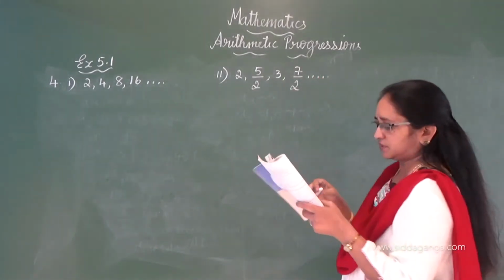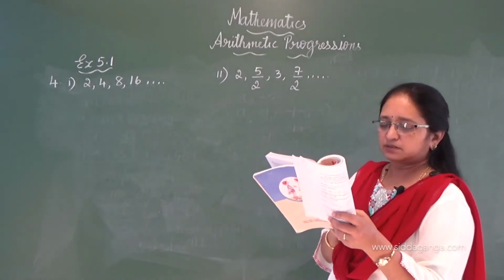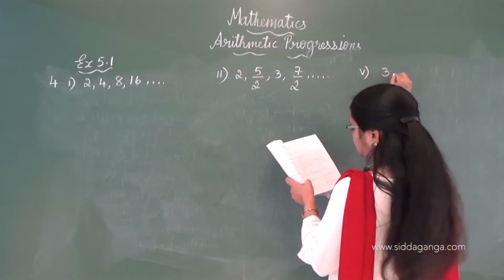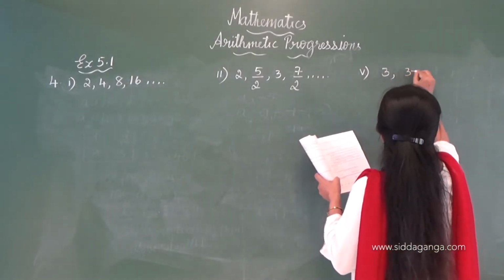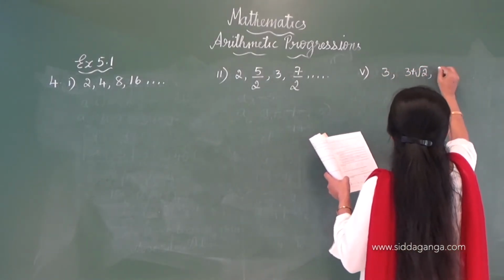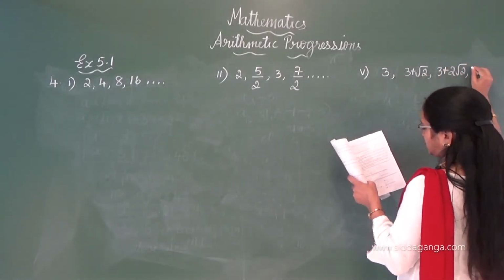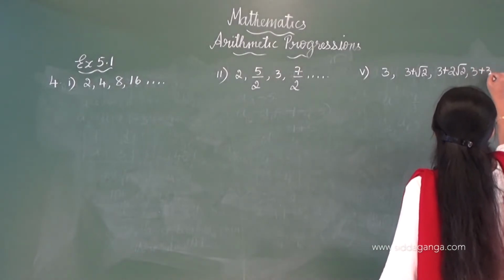Now I'll leave third and fourth for you people. So we shall do fifth one, that is 3 plus root 2, 3 plus 2 root 2 and 3 plus 3 root 2.